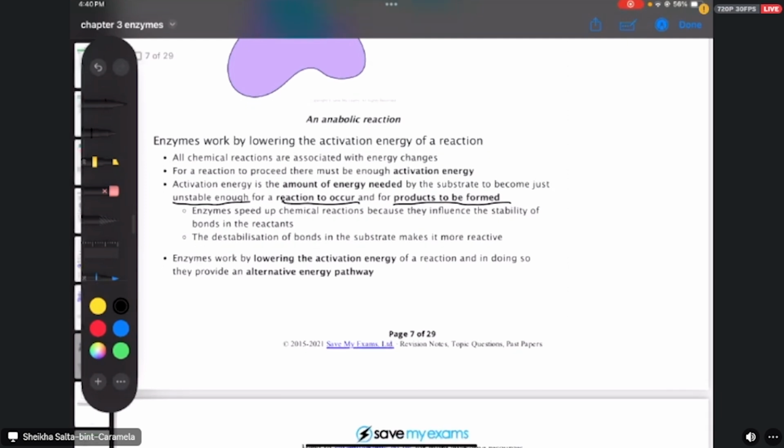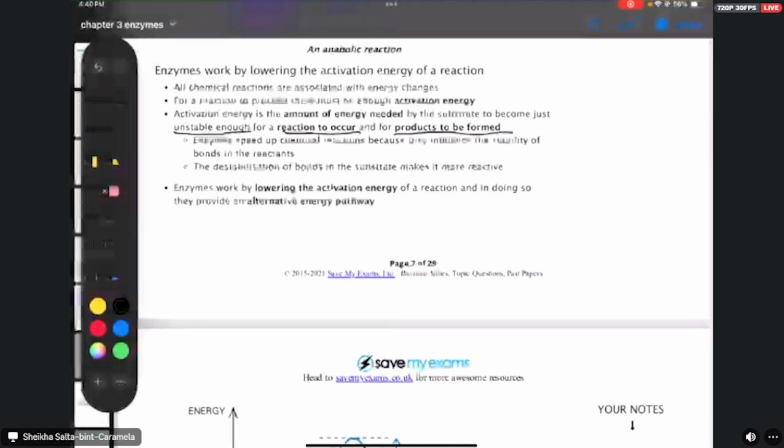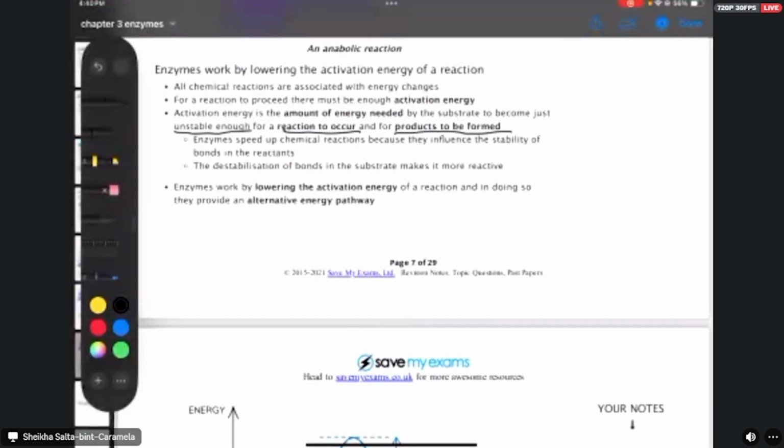It just lowers the energy. For example, in the breaking of a glycosidic bond in a hydrolysis reaction, the substrate binds to the enzyme, and the enzyme weakens that glycosidic bond. Then when water comes and binds to the glycosidic bond, it can easily break it.